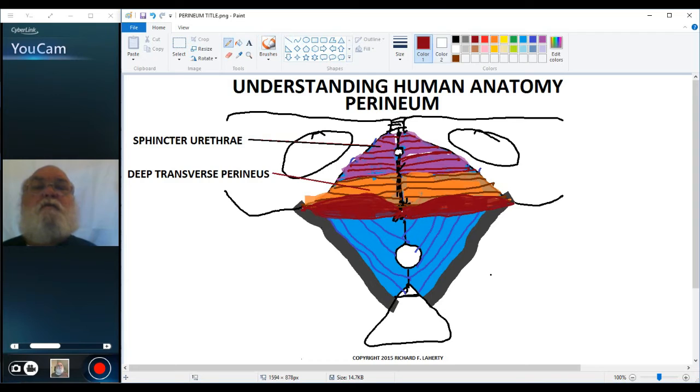And we'll put some lines in here to indicate the fibers of this muscle. Like so. So this is the superficial transverse perineus muscle.